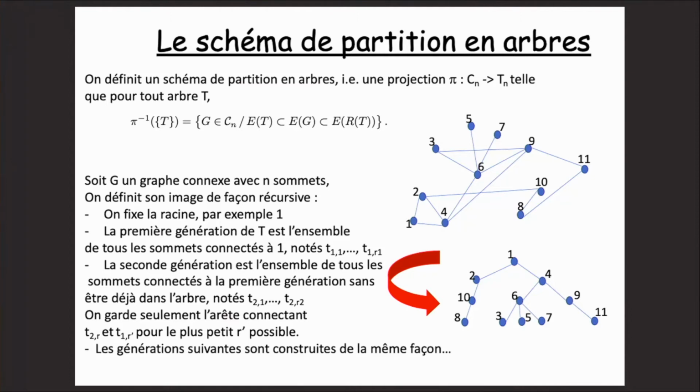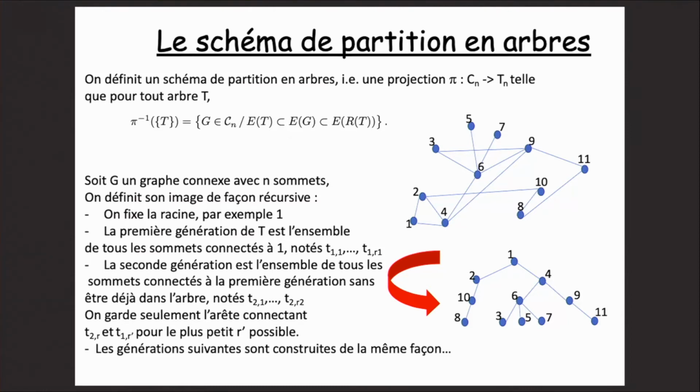Then for 10, you have only 1 kid, and for 8, only 1 kid here. And then for 4, you have 6 and 9. And then for 6, you have these 3 ones, and then you have 9. So you get this tree. Is it clear for everybody, this procedure to construct the tree?